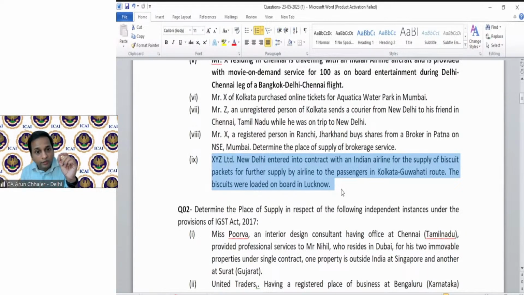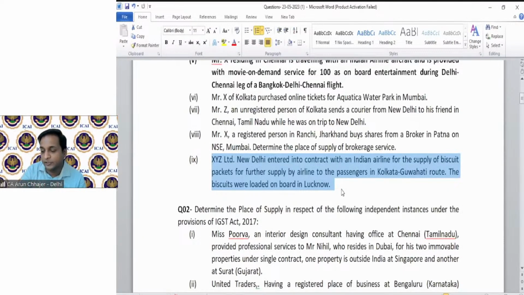Now, the supplier is located in New Delhi. The flight is starting from Calcutta going to Guwahati. What would be the place of the supply? The place of the supply would be Lucknow, being the location at which goods, because biscuit is goods, were taken on board a conveyance.